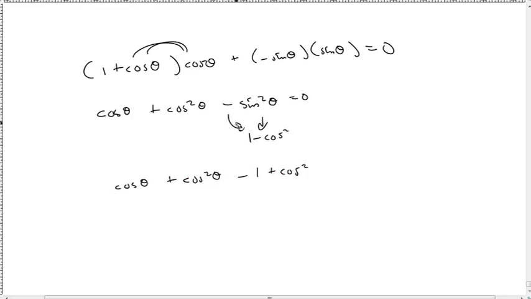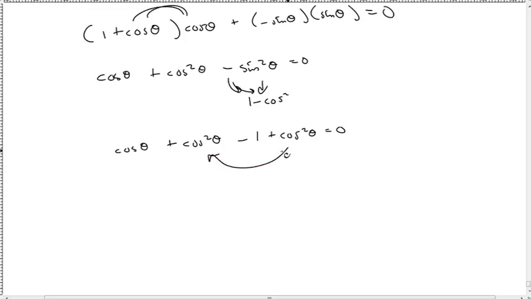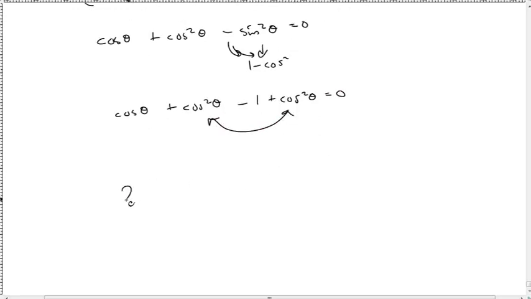I distribute the minus sign to both of these guys. Still equals 0. These guys actually combine to make a 2 cosine squared theta plus cosine of theta minus 1 is equal to 0. What we need to do at this point is factor it.